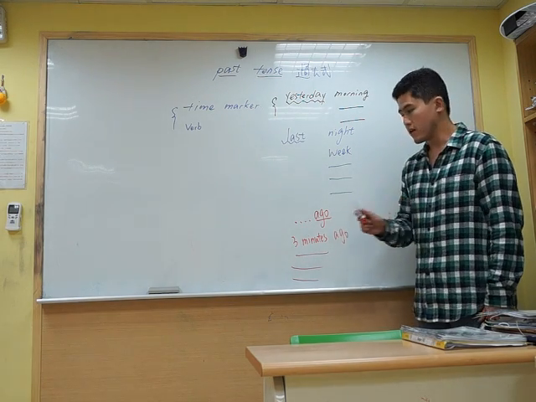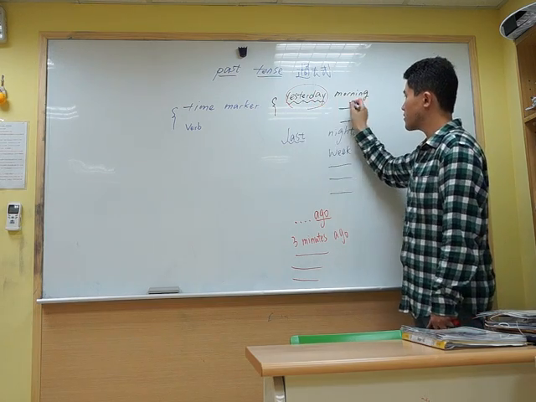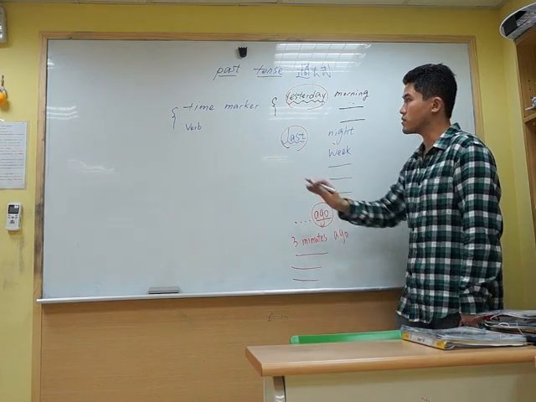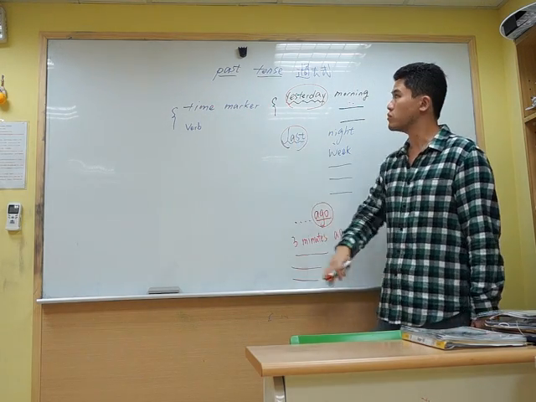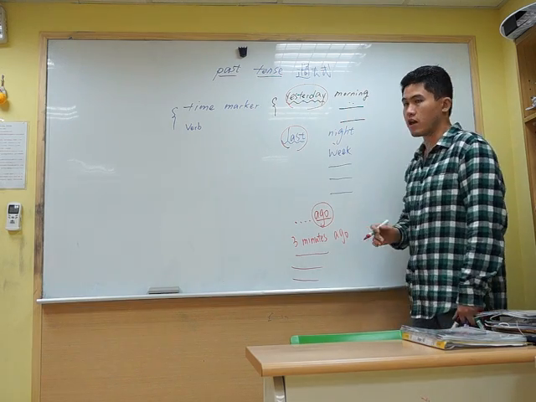So these three, yesterday, last, and ago, are the time markers that we use with the past tense. Now we solved the problem with the time markers.